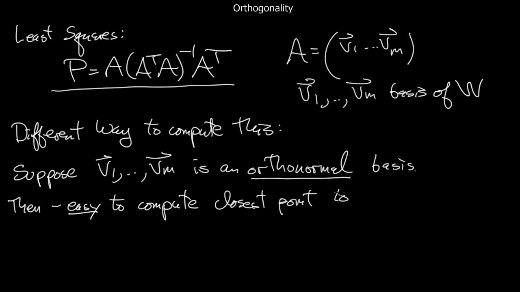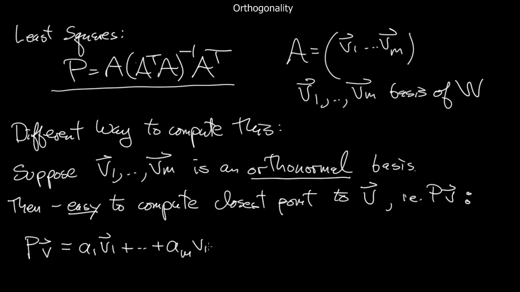So that's what I'm going to describe now. Let's write PV as a linear combination of this basis, right? Remember, PV is in the subspace W, so you can write it uniquely as some linear combination of the basis vectors. And I just need to figure out what these a_i's are. That's what we need to do.